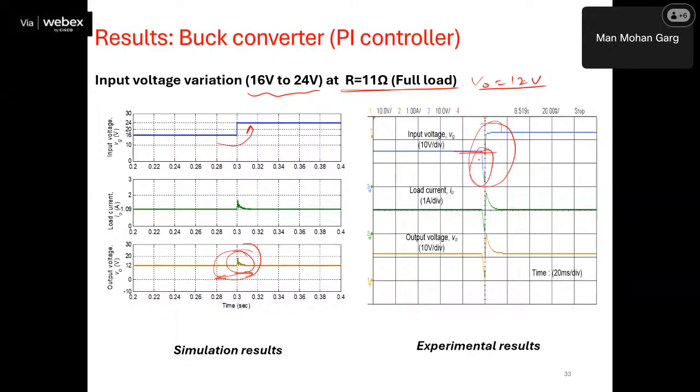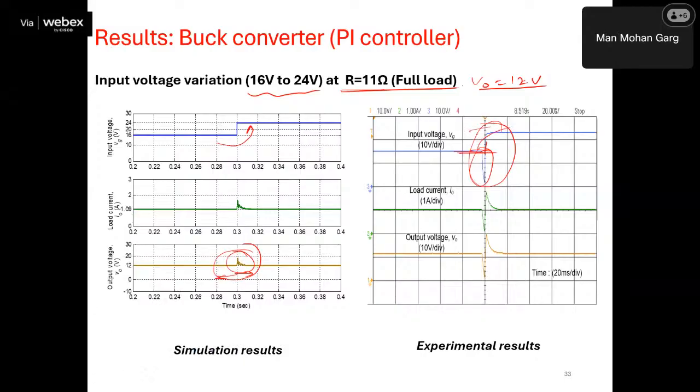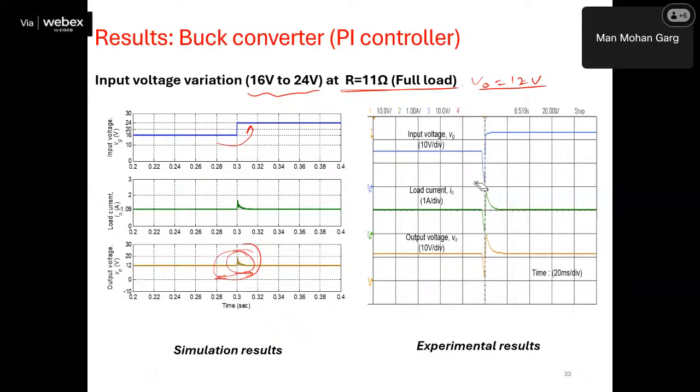We did not have a programmable power supply. But if you have one and change it in this way, you can easily see that this voltage is being tracked.